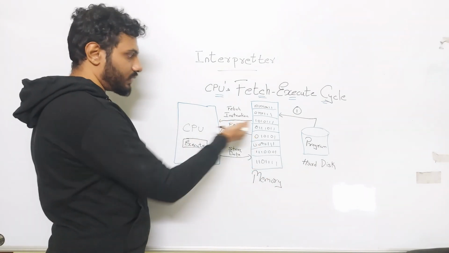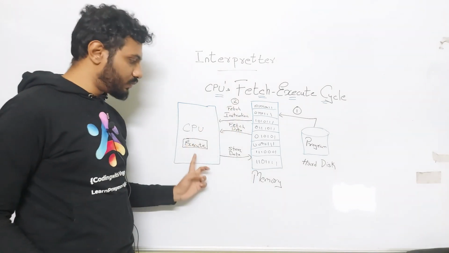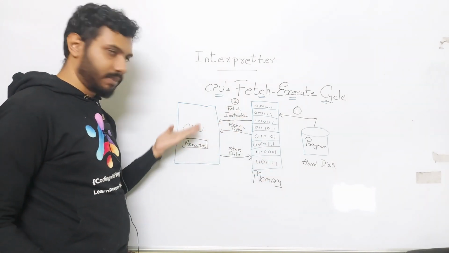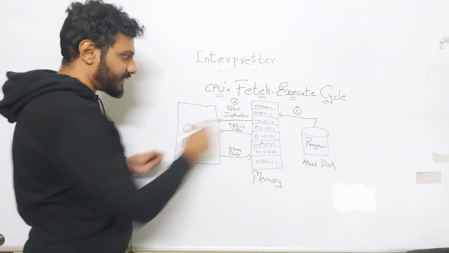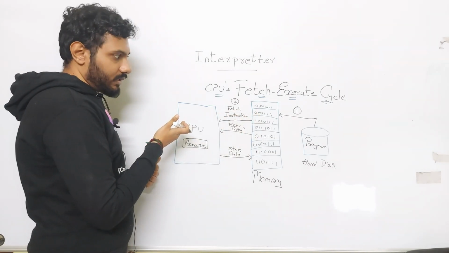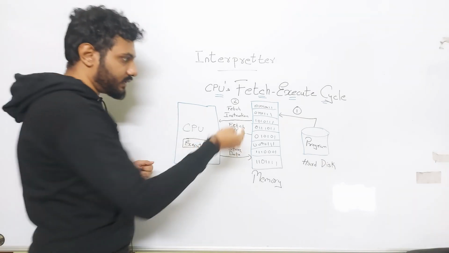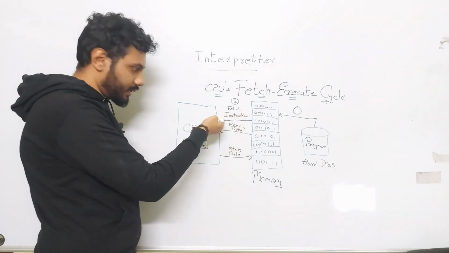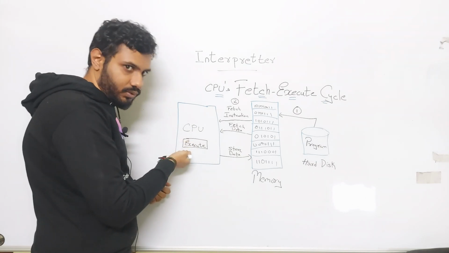The CPU will fetch the instruction from the memory and will execute it. We are talking about a single instruction. A single instruction is fetched and given to the CPU, and the CPU executes.